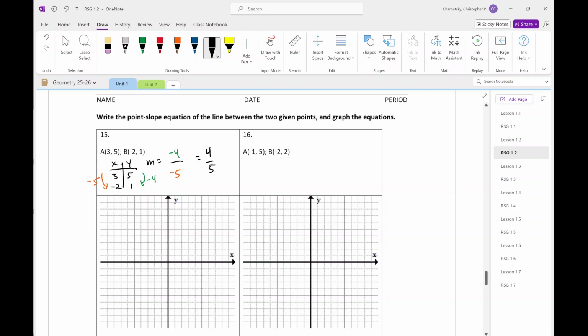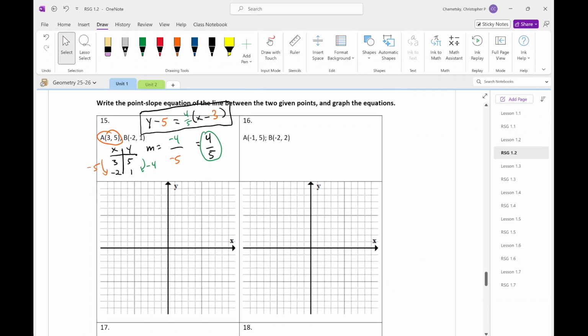From there, we just pick one of the 2 points. Doesn't matter which one, 3, 5, negative 2, 1. We'll just pick A. So the equation I'm going to write, if I pick that point, is y minus 5 equals the slope, 4/5, parentheses x minus 3. Okay, so now I'm ready to graph that.